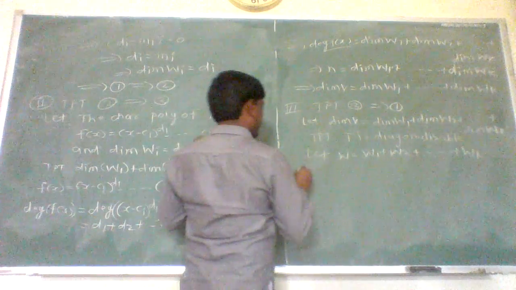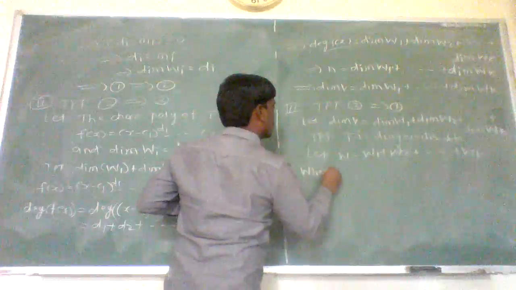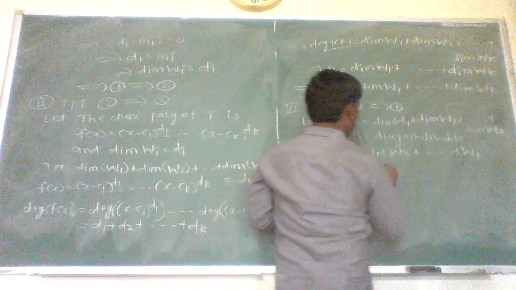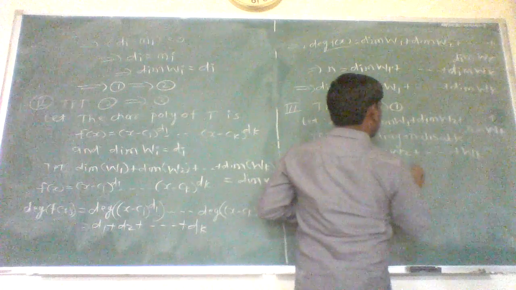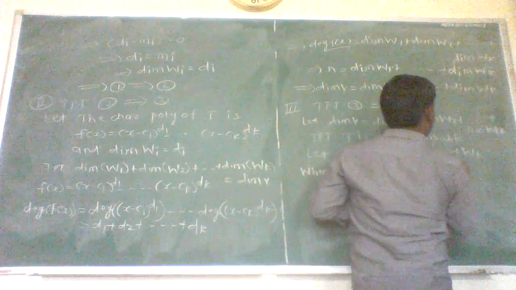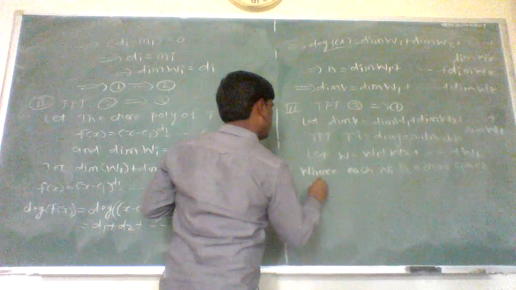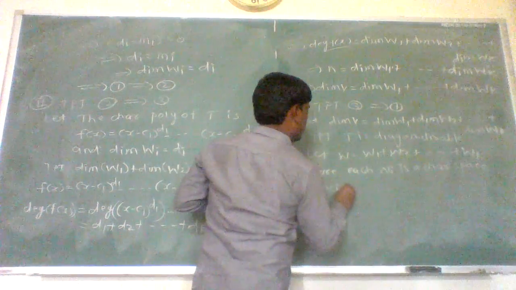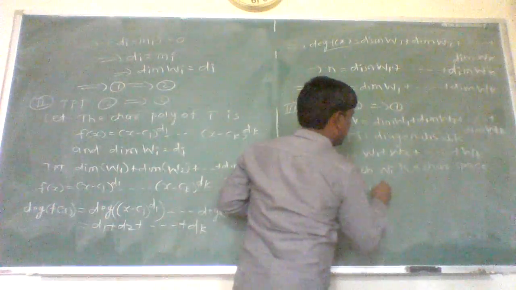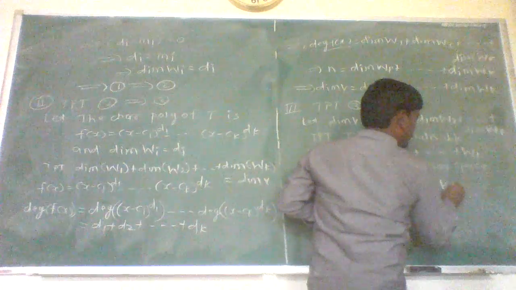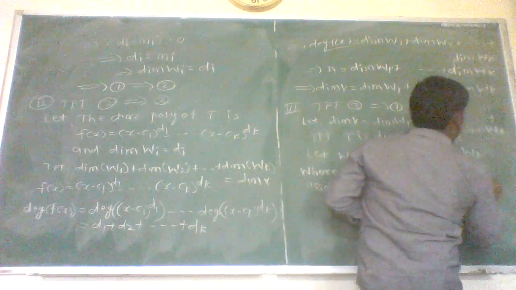Okay, now where each Wi is a characteristic space associated with characteristic value ci.